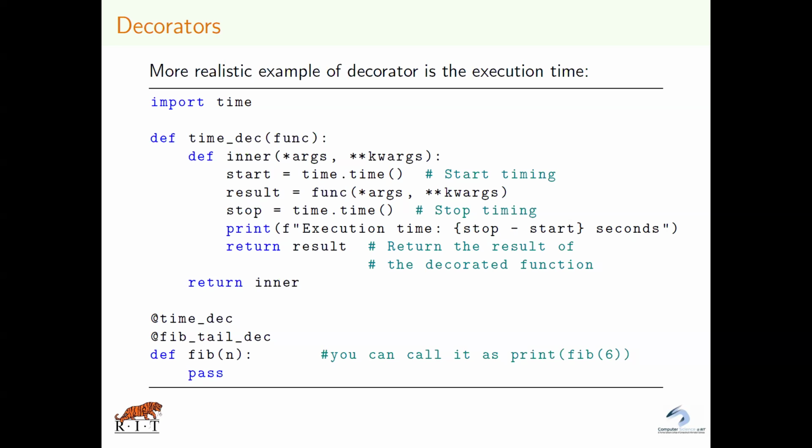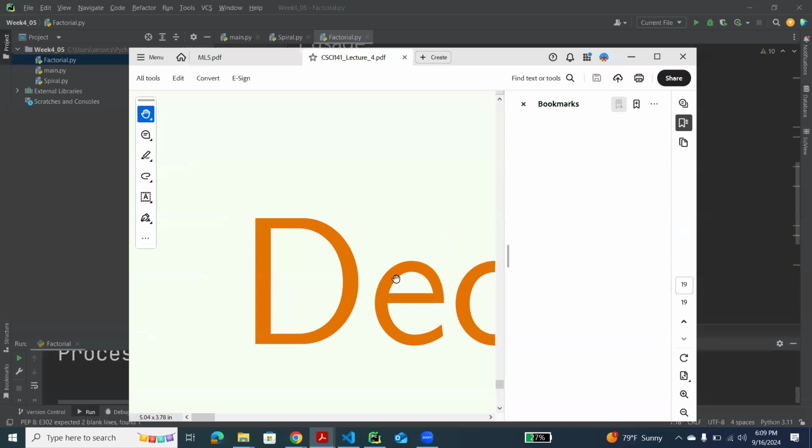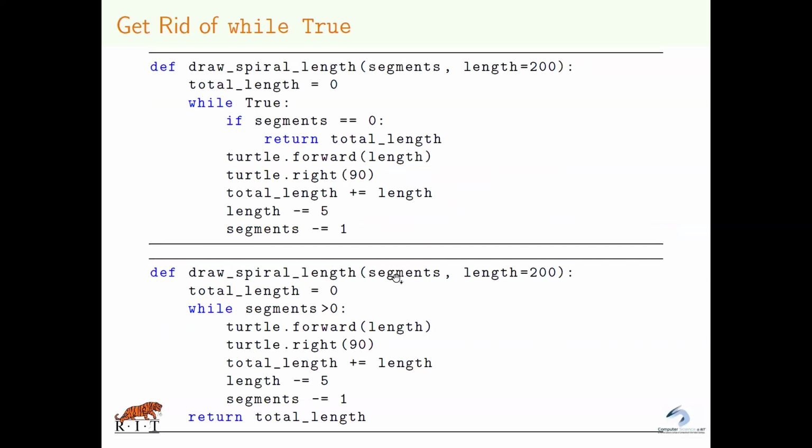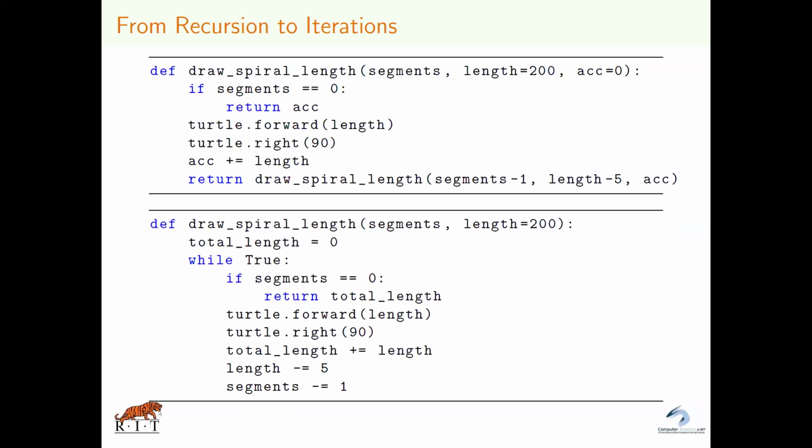So this is the decorator, for example, for time checking. Okay, so we won't use decorators except in one case in this class, but it's good to know about decorators. Now, we go from recursion to loops.